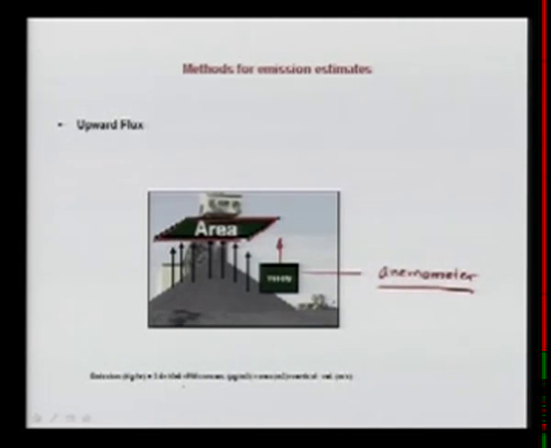Here is a little example. You have to measure the particulate concentration, the PM concentration, whose units may be microgram per meter cube. Then you need to know the area under consideration, which is multiplied in, and finally you also multiply by the upward velocity, the vertical drift. The velocity here is not the horizontal wind speed, it is the vertical drift.